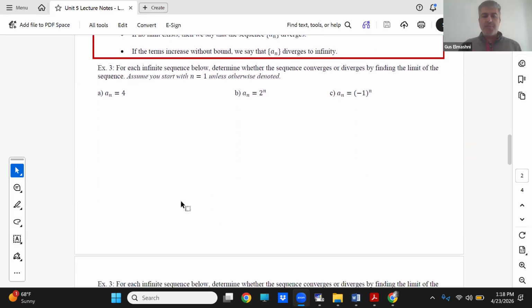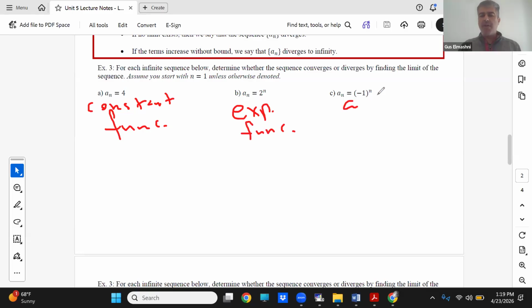So let's look at these three examples. I think it's pretty obvious this is a constant function. Pretty obvious this is an exponential function. And I'm going to call this an alternating function. Why do I call it alternating?